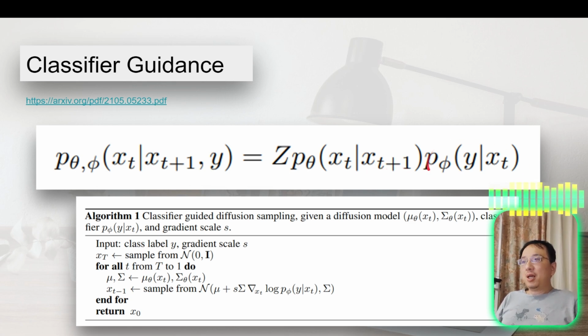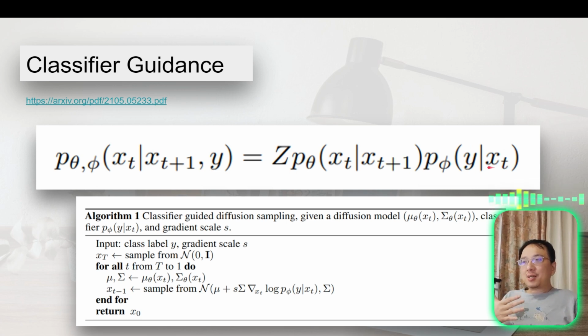And the other one is the conditional probability of y conditioned on xt. This one is in fact the probability given by a classifier.